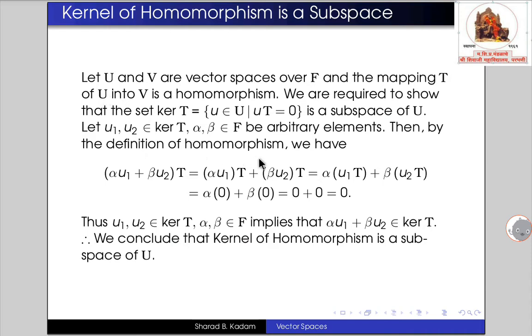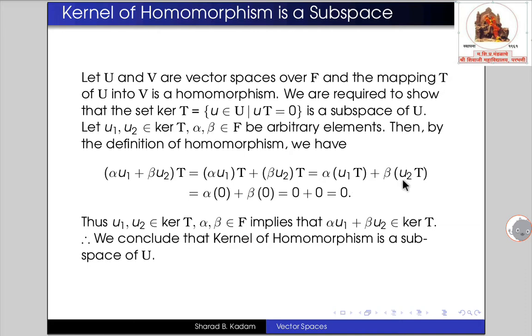So by the definition of homomorphism, we have T of alpha U1 plus beta U2. By the first property of the definition of homomorphism, this equals T of alpha U1 plus T of beta U2, which equals, by the second property, alpha into T of U1 plus beta into T of U2.